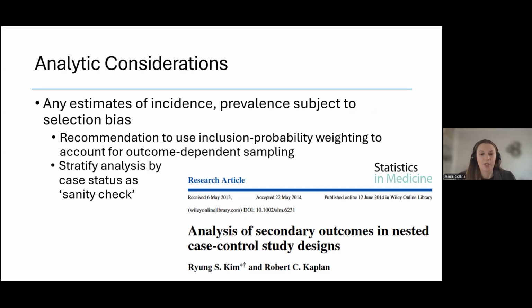And again, there are statistical methods to deal with this. I've included a paper here that includes some nice methods for doing this inclusion probability weighting. I think the analysis itself is relatively straightforward, but actually calculating those weights is not something that's available in the publicly available data. And so that's something that you would have to work through.